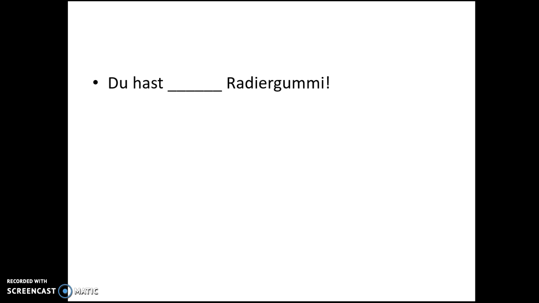So du hast, Radiergummi. If you remembered back to 6th grade that it would be der Radiergummi, we know that because the Radiergummi, the eraser in this sentence, is masculine, that it changes to den. Du hast den Radiergummi. You have what? The eraser.